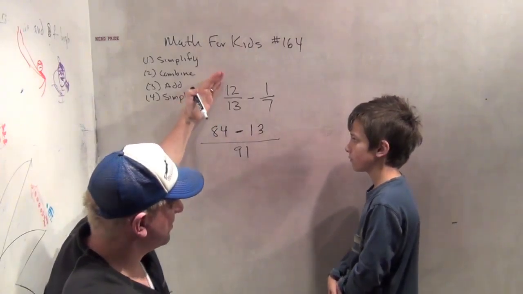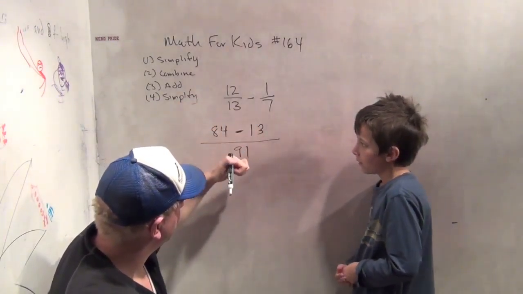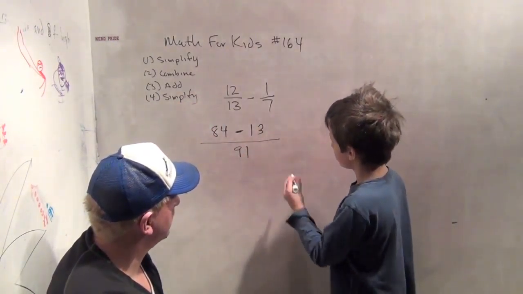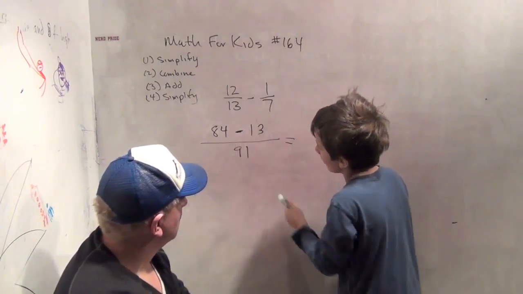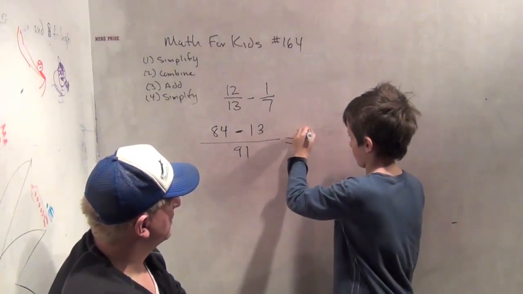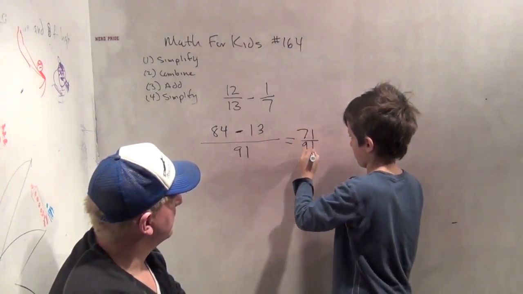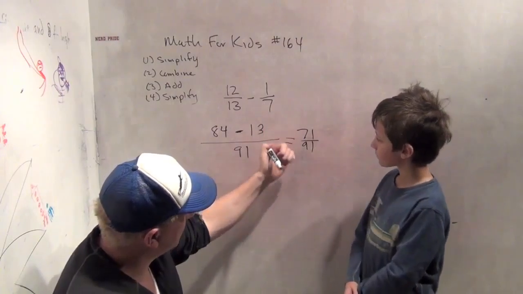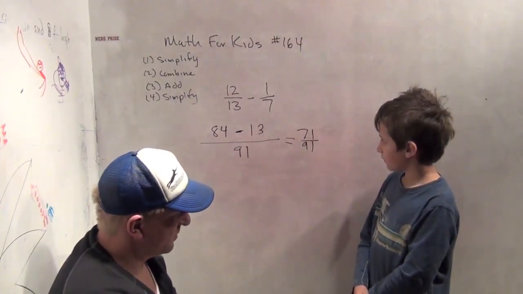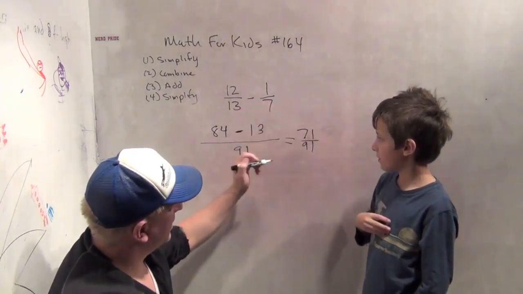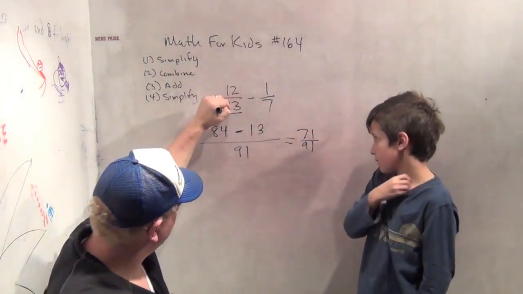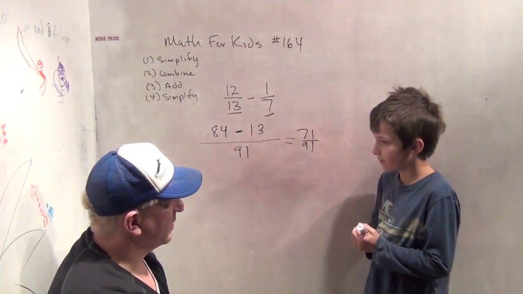So this simplifies to 84 minus 13 over 91. And 84 minus 13 is 71. So I get 71 over 91. Now I have to check, can 71 over 91 be simplified? Well, 91 is 13 times 7, and both 13 and 7 are prime numbers.